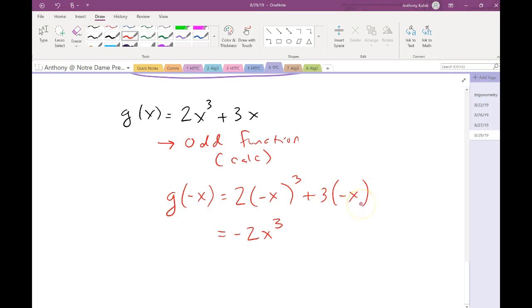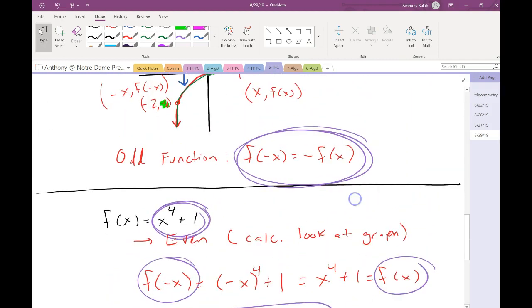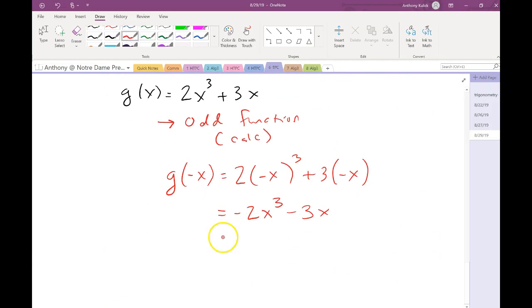And then what do I get when I do 3 times negative x? Negative 3x. Everybody agree? Now let's just point out again what we're trying to get. We're trying to get negative f of x. So what I'm going to do at this step is I'm going to factor a negative sign out.